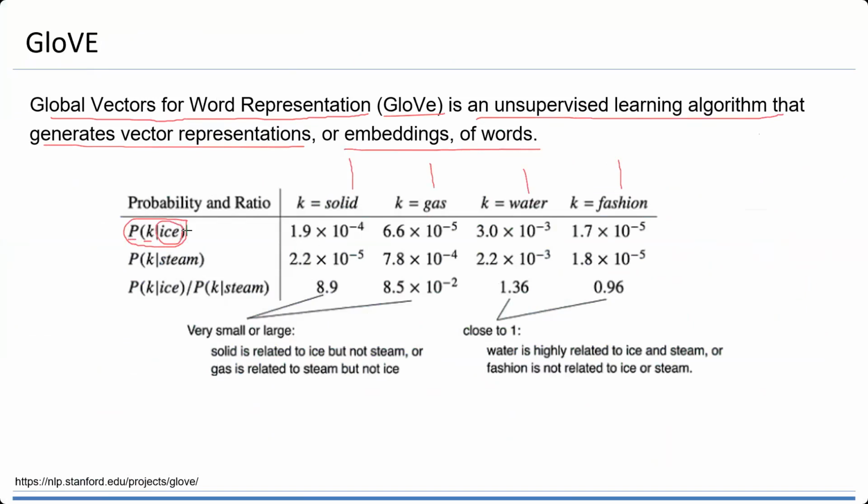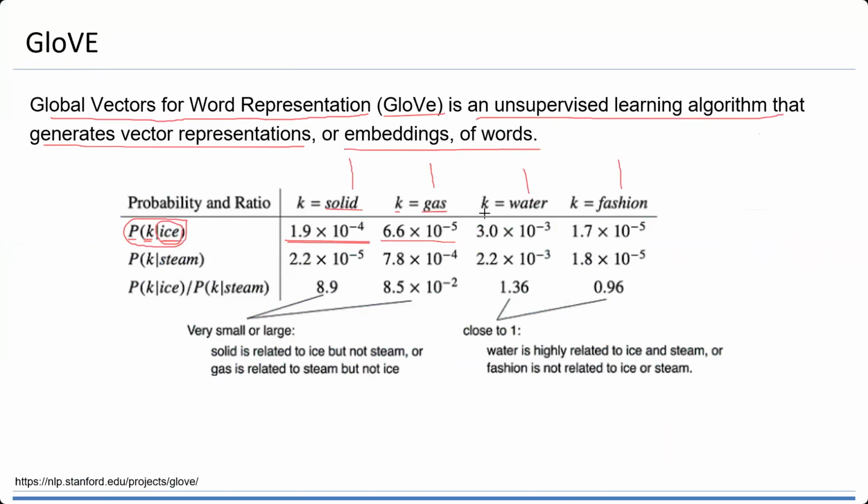So if k is solid, I want to know the probability of solid given the word ice. So we have this number. I want to know if k equals gas, how big is the probability given the word ice?